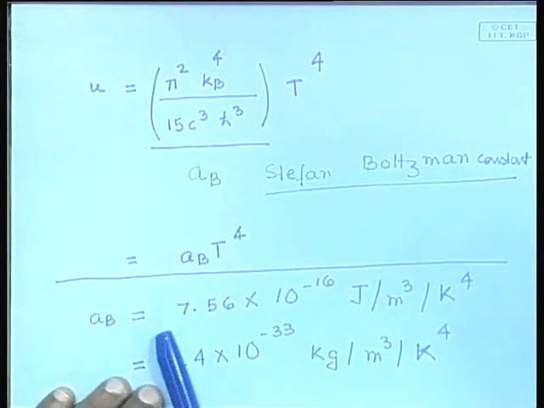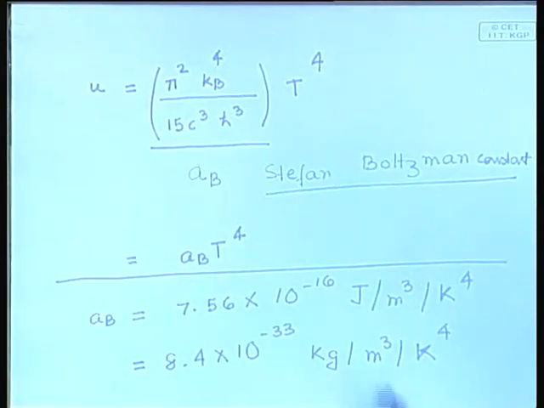So, you have to just put in appropriate factors of c square to convert joules per meter cube to kg per meter cube. Kg per meter cube into c square will give us this. So, it is also convenient sometimes to express it like this.